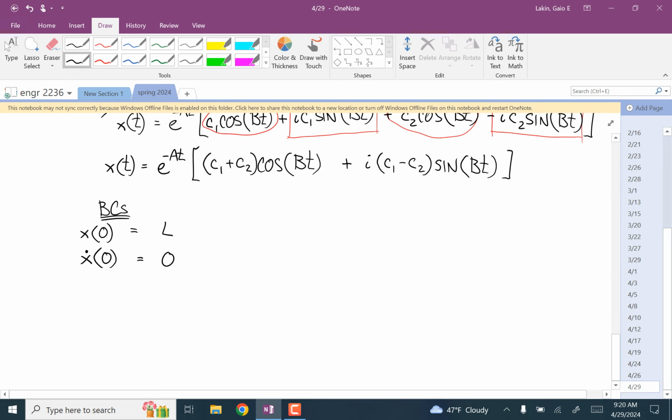Okay, well, let's calculate that derivative. So x dot is equal to negative a e to the negative at times all the stuff in the brackets.